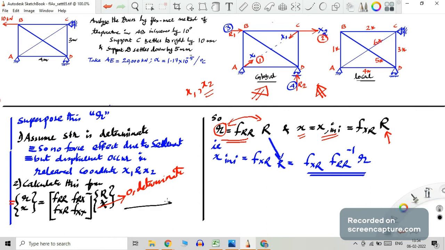From this equation I write x equal to F_XR into R. This I will modify: F_XR into what is R actually. From this set of equations I will get capital R as F_RR inverse small r.